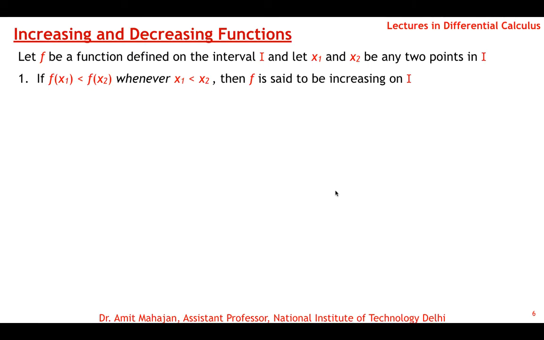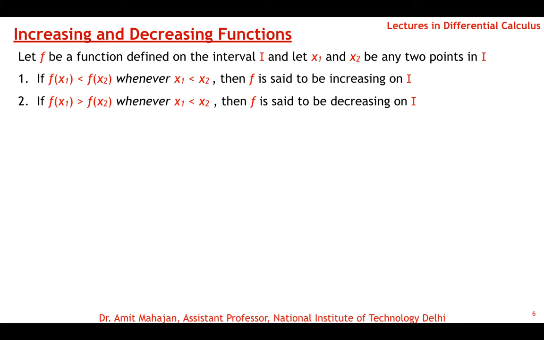So the height is increasing as we move from left to right, then the function is an increasing function. If the reverse trend happens, then the function is a decreasing function.